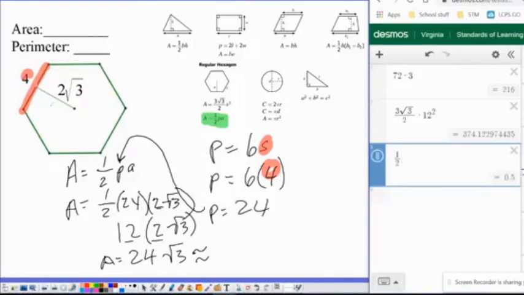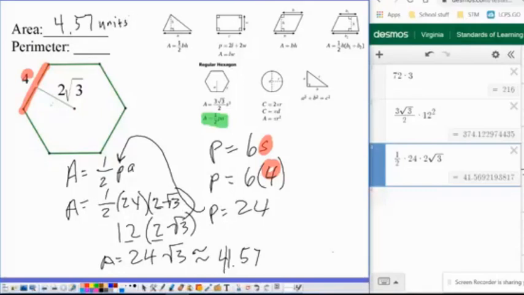However, if I wanted to approximate that, I could have put the entire formula in here. 1/2 times 24 times 2 times the square root of 3, and I would have gotten 41.56. However, when I have 41.56, the next number is a 9, so the 9 was cut off, and that 6 gets bumped up to a 7.